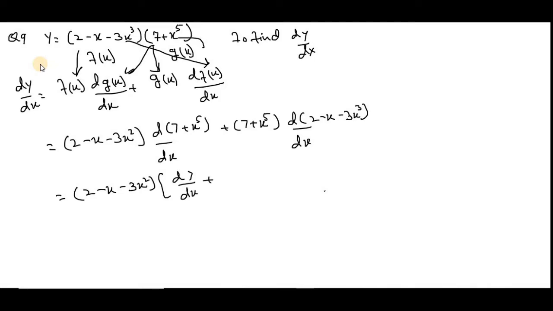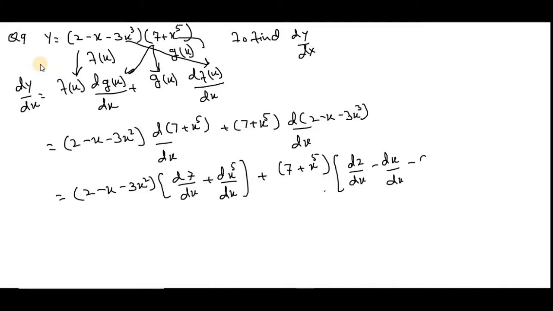Now here we are going to apply the sum rule: d of 7 plus d of x raised to power 5 over dx, plus 7 plus x raised to power 5 times d by dx of 2 minus dx over dx minus d by dx of 3x cube. 7 is constant, so its derivative will be 0.